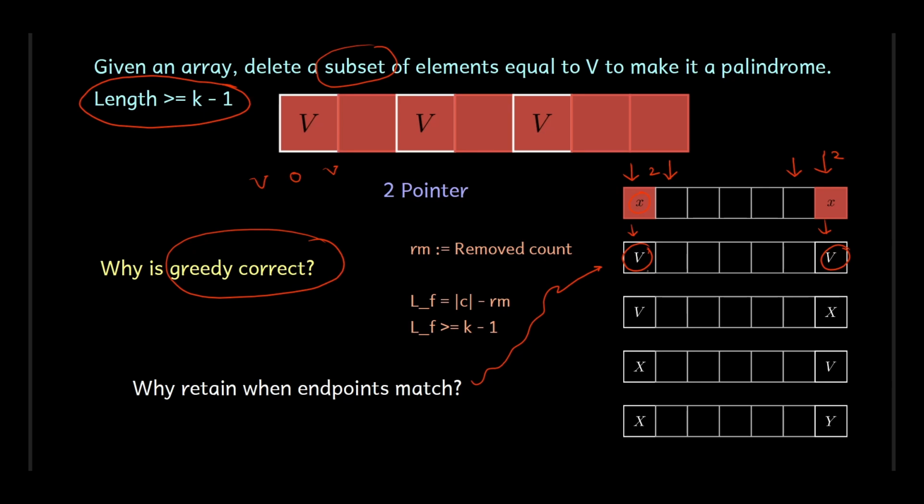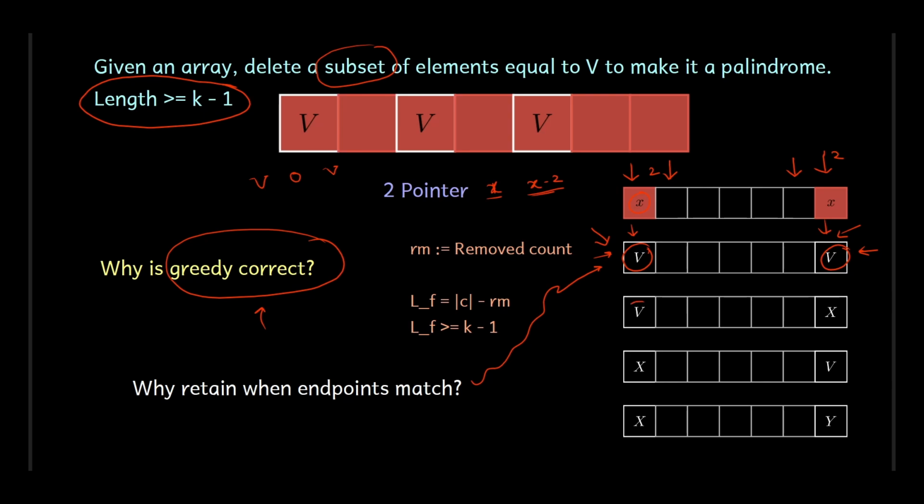But even if it is matching, if you decide to delete both the copies, then your length has decreased from x to x minus 2. So it will make it very difficult for you to delete the future copies if you want. So if keeping it does not affect your answer, because these are already palindromes, so might as well keep it, right? So this is the greedy strategy for this problem.